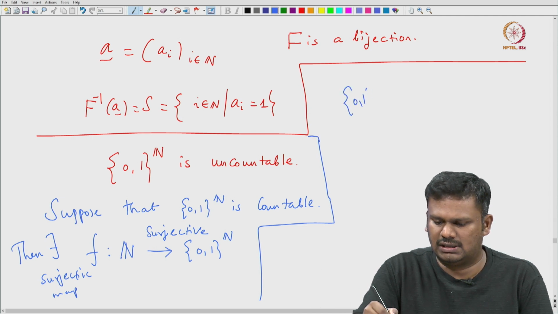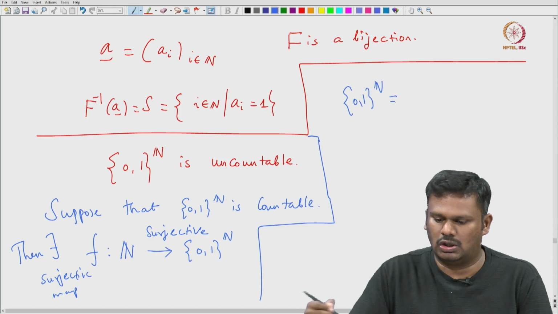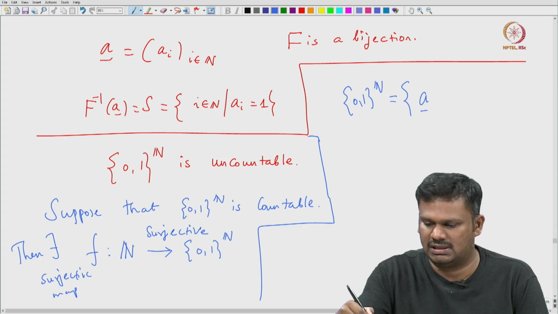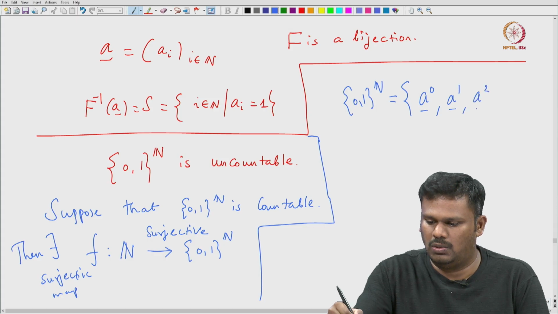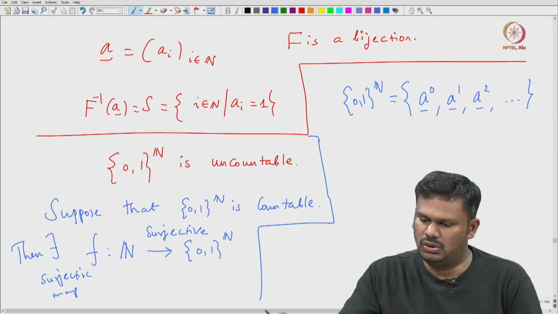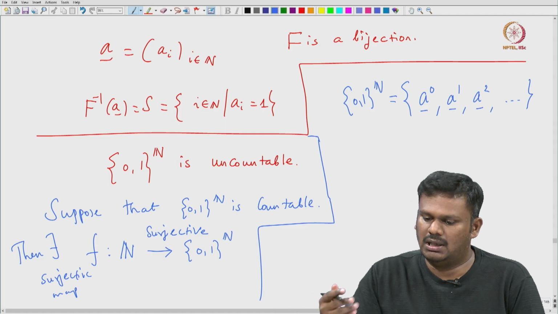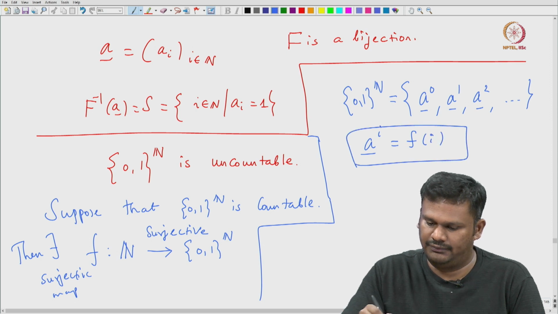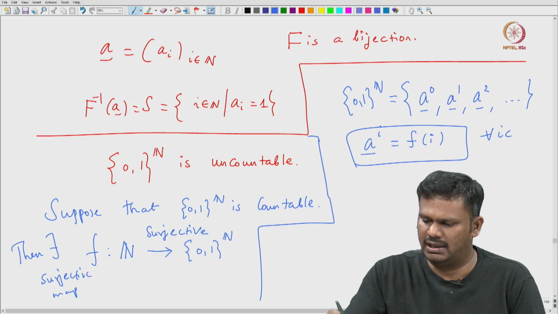So, the elements of {0,1}^n can be listed as follows. Let us call the listing A naught bar, A1 bar, A2 bar and so on. All the elements can be listed using the natural numbers. They are all just the image, so A_i bar is exactly given by the image of i, for all i in n.